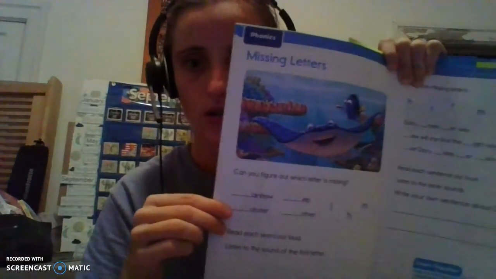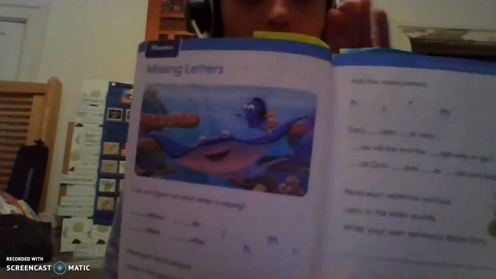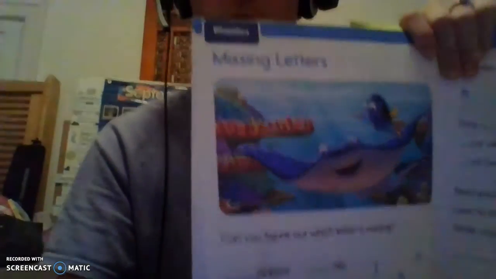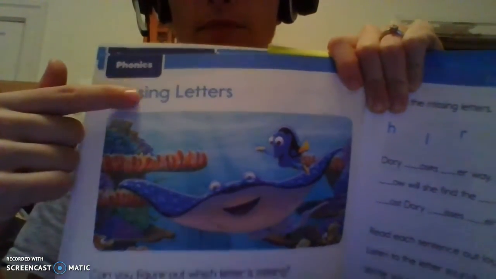So you are going to get out your Disney workbook, and you're going to turn to page 12. And we're going to do page 12 and 13. So basically on these workbook pages, let's talk about 12 first, it is saying there's missing letters.